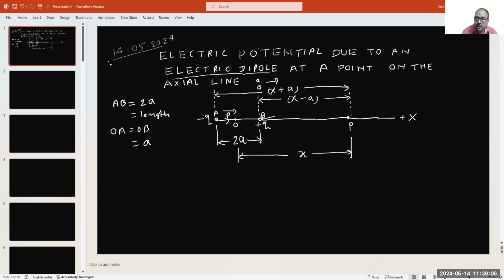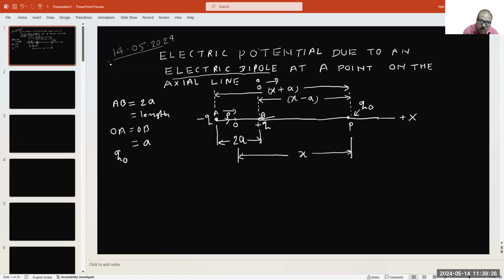If the dipole is here, what happens at the point P due to the plus charge and minus charge? At the point P, think that the test charge is Q naught. Q naught is the test charge.